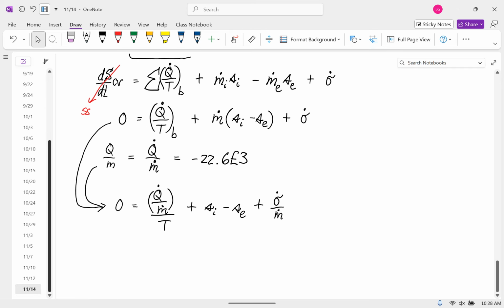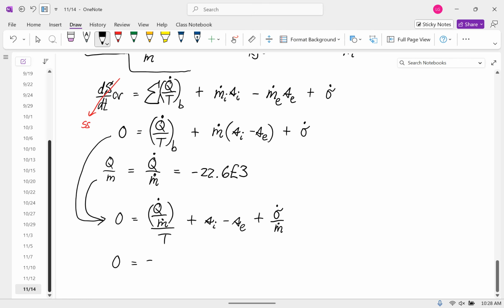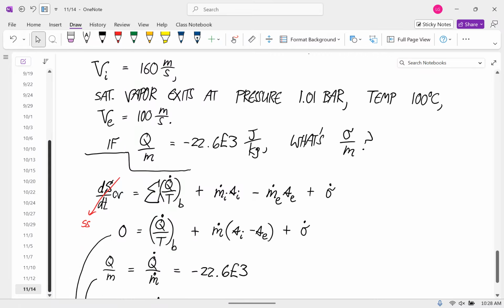So 0 is equal to negative 22.6 times 10 to the third. Oh, I see. I just forgot to give something that we need here. The outer boundary temperature is 350 Kelvin.